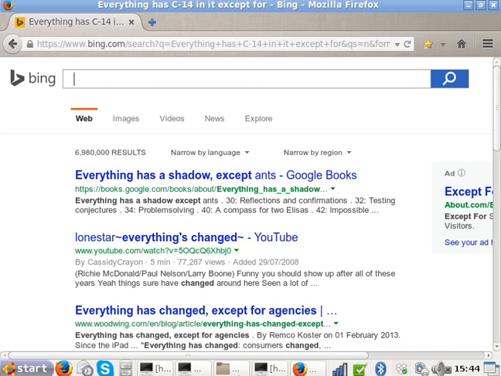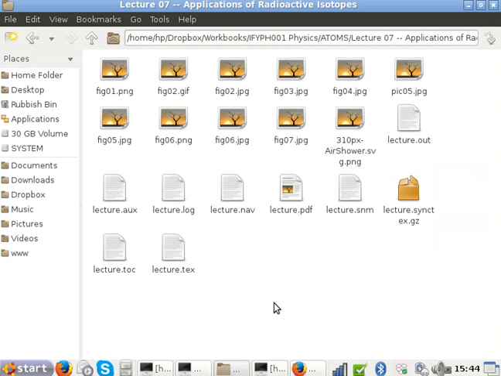Alright. Now, I don't know if there's time to do the question, but I would like you maybe to try a radiation question. Let me show you here.